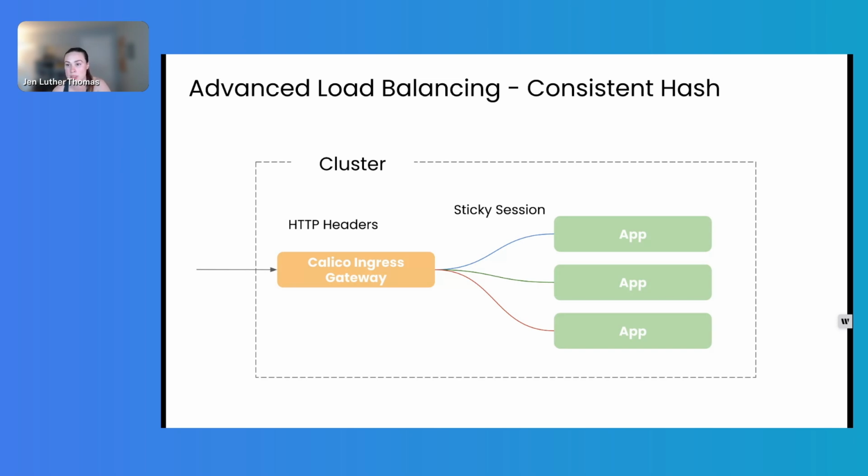So if you were doing this based on client IP address, every time the same user, as long as their IP address stays the same, hits the Calico Ingress Gateway, their requests are always going to be sent to the same backend service or application, where someone else coming in with a different IP address would probably get routed to a different service. So you choose what you want that hash to be, and then your traffic will always get routed to that same backend service.